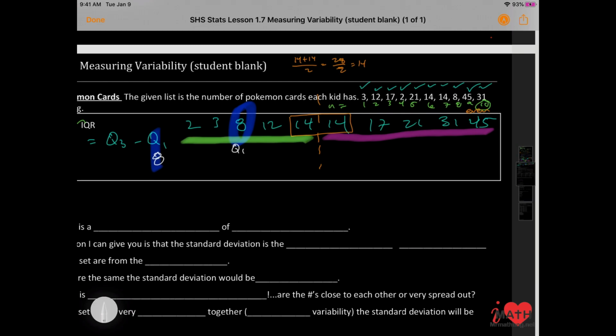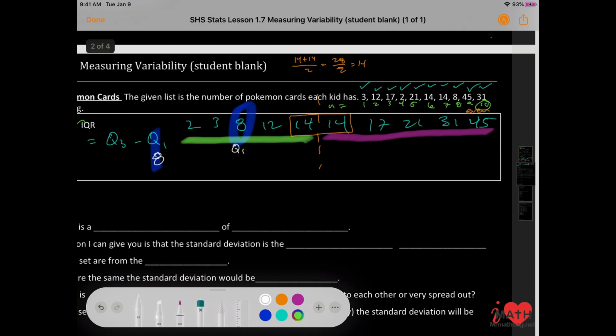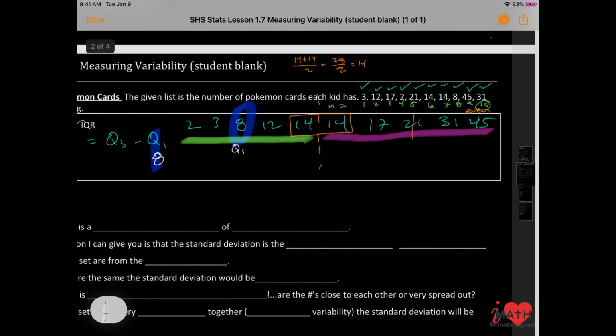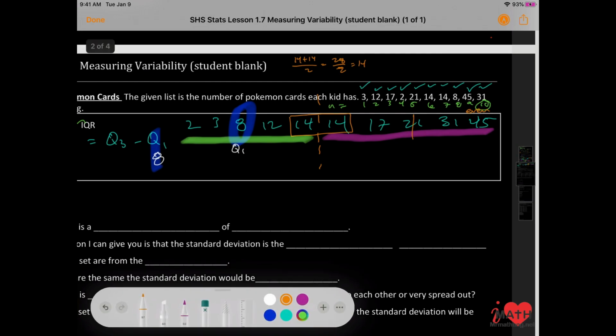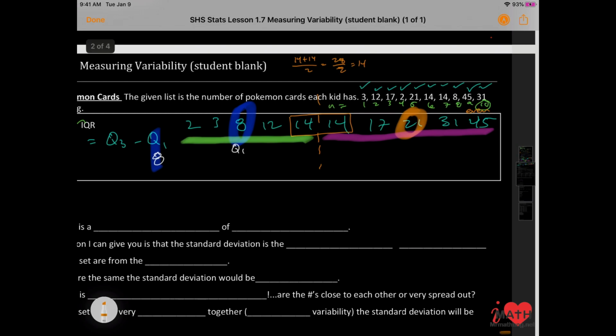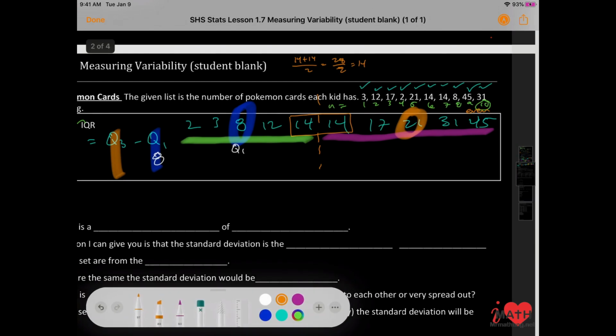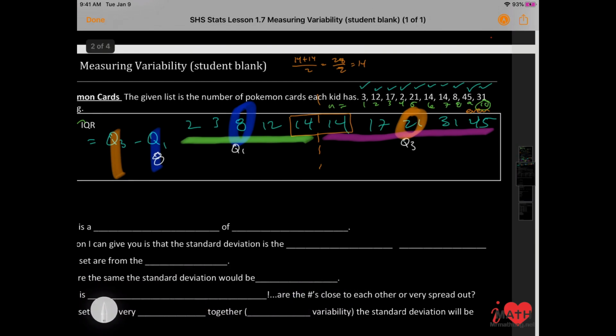So another way of explaining it, again, is if I just did two separate problems, what's the median of the green numbers there? And there's 5 numbers, so it's odd. You just pick the number in the middle. It's 2 to the left, 2 to the right. Okay, what is the median of the ones in pink? Well, there's 5 numbers, it's odd, and that would be 21. 21 is the quartile 3 there, because it is the median of the upper half of numbers.